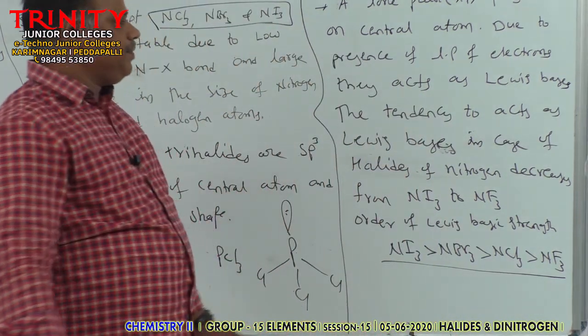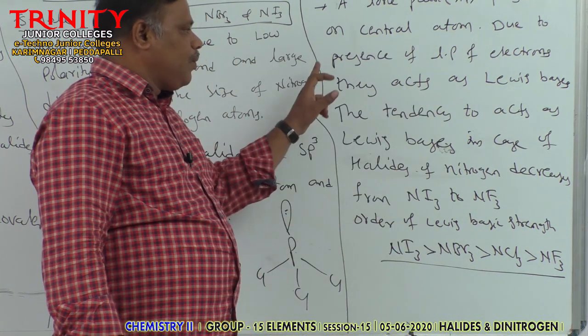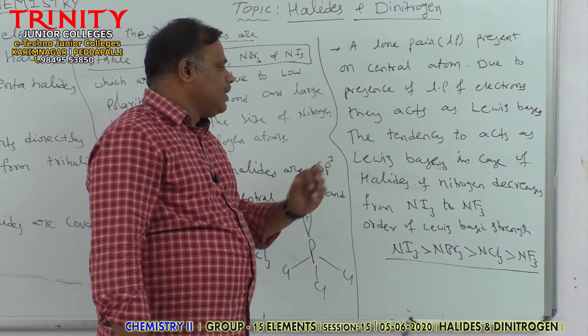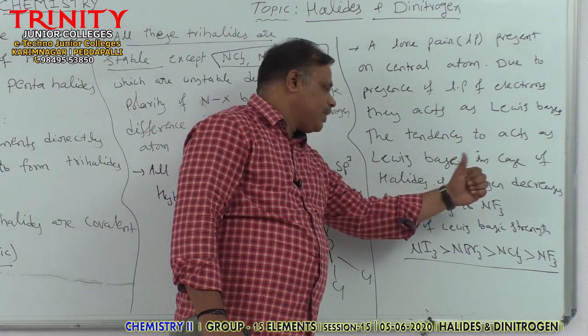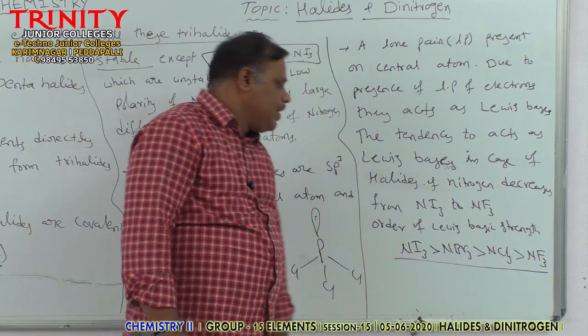A lone pair is present on the central atom; due to its presence, they act as Lewis bases. The tendency to act as Lewis bases in halides of nitrogen decreases from NI3 to NF3.